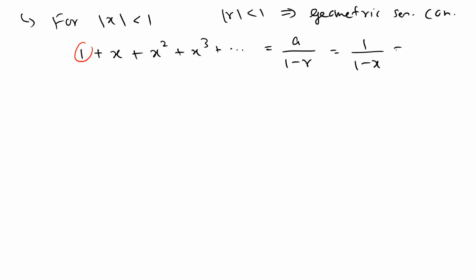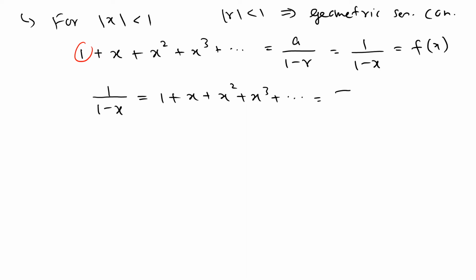You can see this is a function, and x is not equal to 1. So that means you can write f of x, in this case 1 over 1 minus x, as a power series. This is a very common one, so let's write it like this, because we will use it a lot. 1 over 1 minus x equals 1 plus x plus x squared plus x cubed, like that.